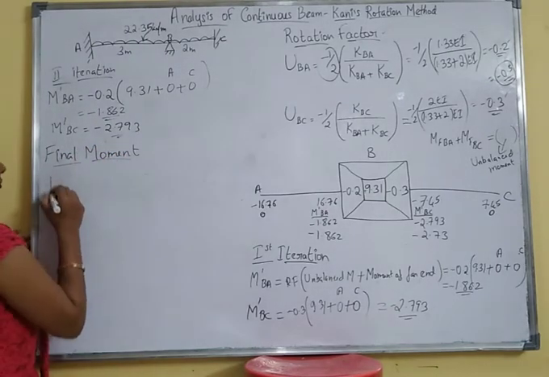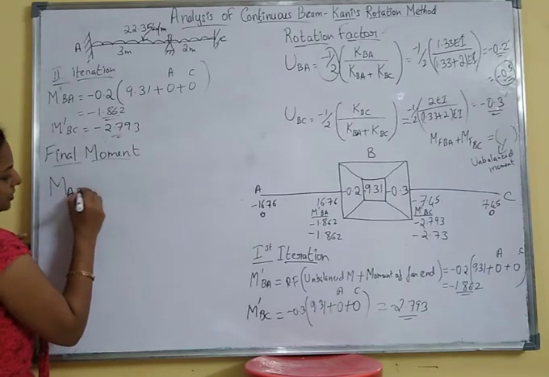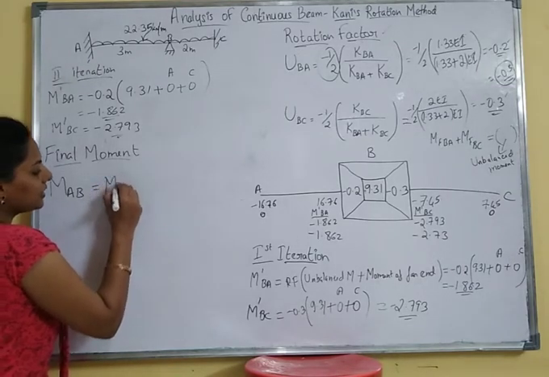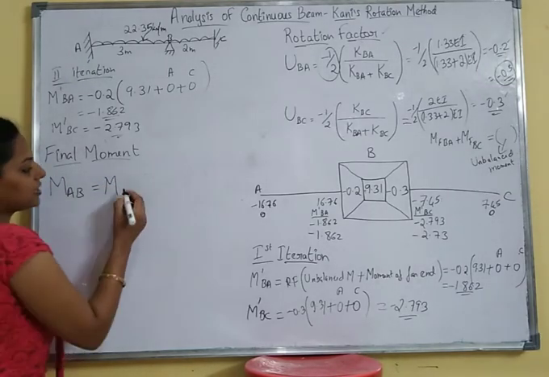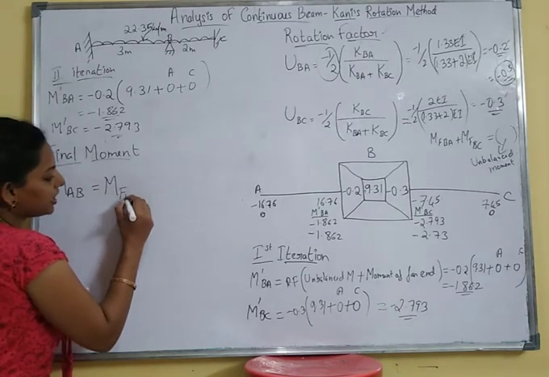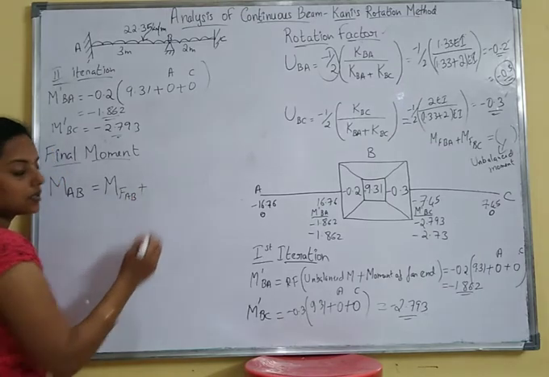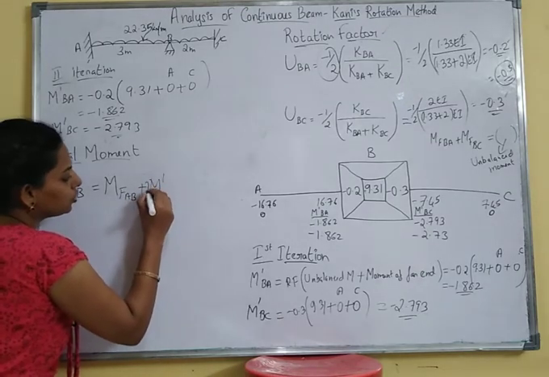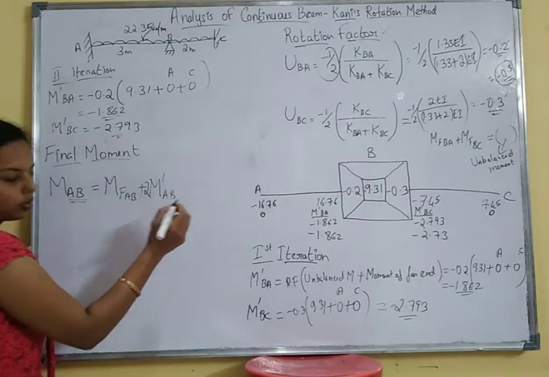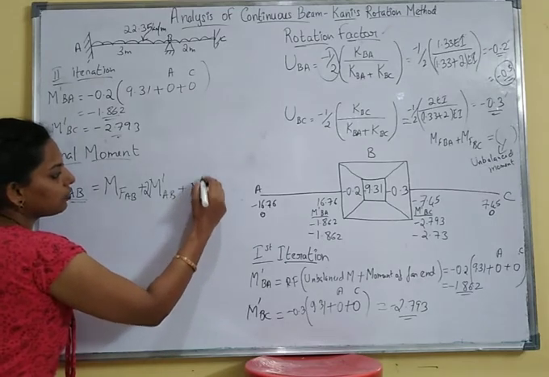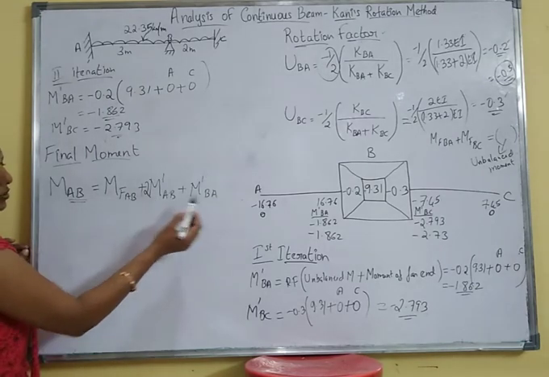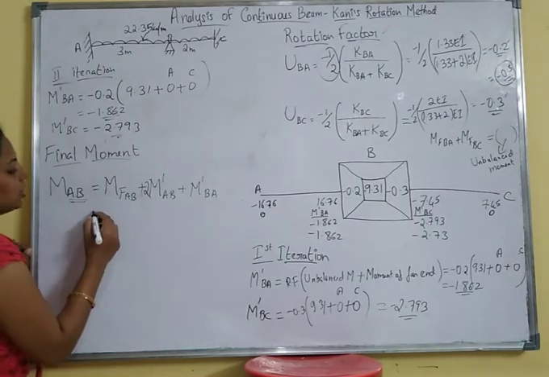Next step, final moment. M AB is equal to, this equation is similar to the deformation equation, like the slope deflection equation we considered earlier for the rotation. Here you will consider for the moment: fixed end moment plus 2 times m dash AB, whichever is first, you consider 2 times for that, and the other end you consider 1 time m dash BA. Just substitute.